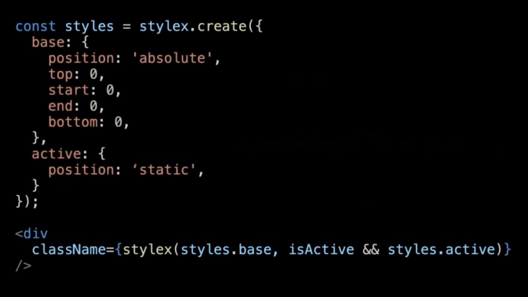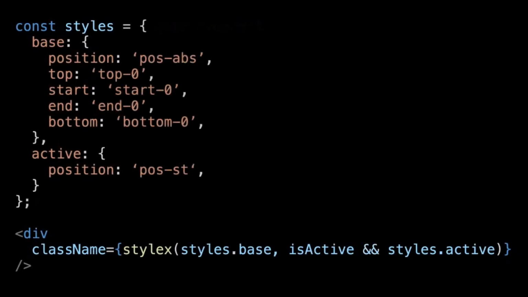Once you've written this code, Stylex comes into play. At compile time, the stylex.create call is removed, and the values are replaced by the associated class names. The rest is left as is. This is how you should think about Stylex in your mind while using it. The Stylex function works like an object.assign, but it's able to merge objects deeply.